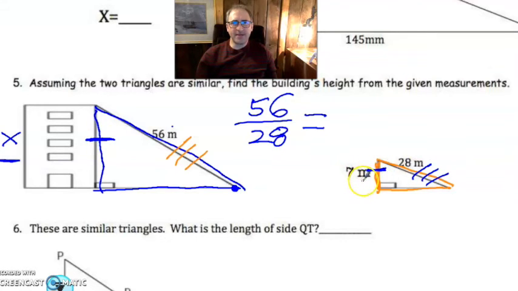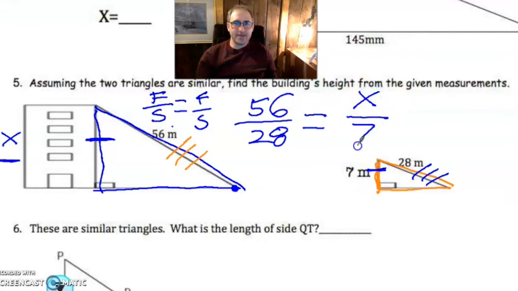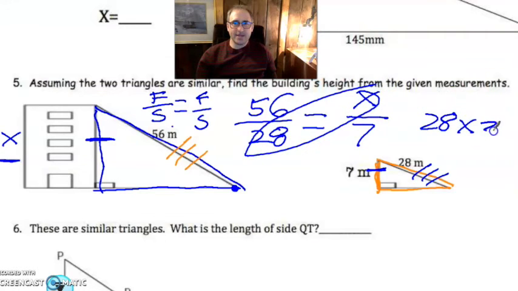But what goes on top, 7 or x? That's right. First triangle over second triangle equals first triangle over second triangle. X goes on top, 7 goes on the bottom. Again, we're going to cross multiply. 28x equals, and then we'll multiply those two. This is an equals, not a 2.